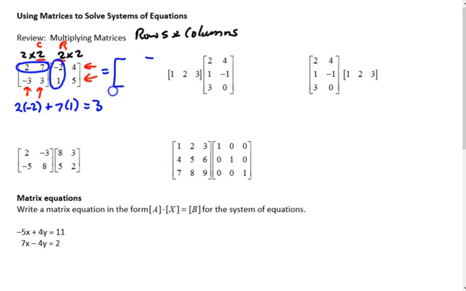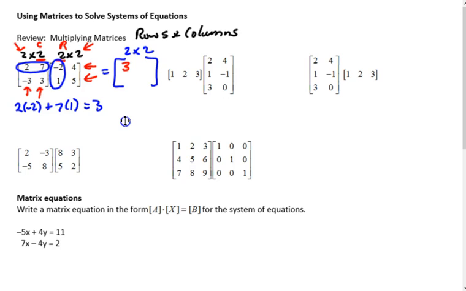So what I'm going to end up with is another 2 by 2 matrix. The outer dimensions will give me the dimensions of my new matrix. So I'm going to end up with a 2 by 2 matrix, and the first element will be 3. First row, first column goes in the position that is the first row, first column. Now I'm going to do first row times second column.